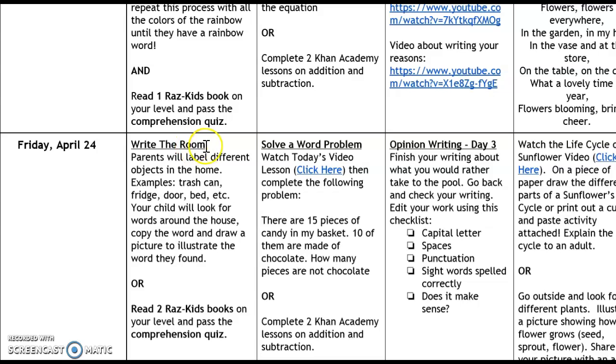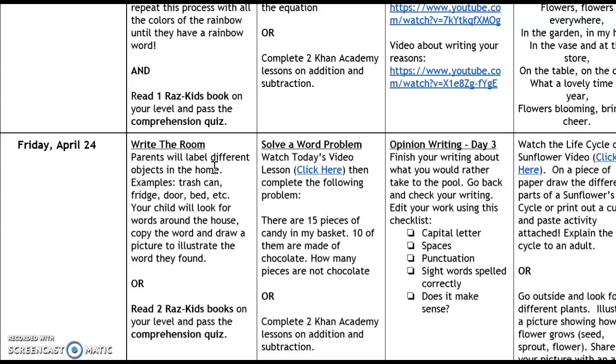Friday, you're going to write the room, home edition. So you can label your house, all kinds of objects in your house that your child uses every day. Fridge, microwave, bed, just all the things that you can label. Or if your child can do it, you can sit down with them and go over how to spell each word in the house, like B. What do you hear? B, eh. What do you hear? E, d.